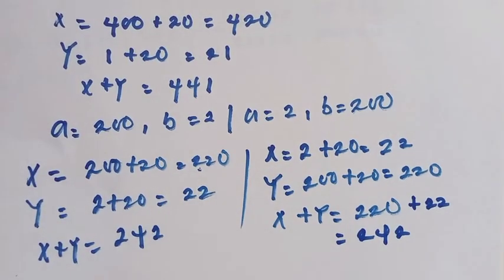So that's it. In summary, you just list all the factor pairs of 400 and substitute for A and B, or you swap it for B and A and substitute into the equation, and you get the values of x and y. You can do it for other factors.